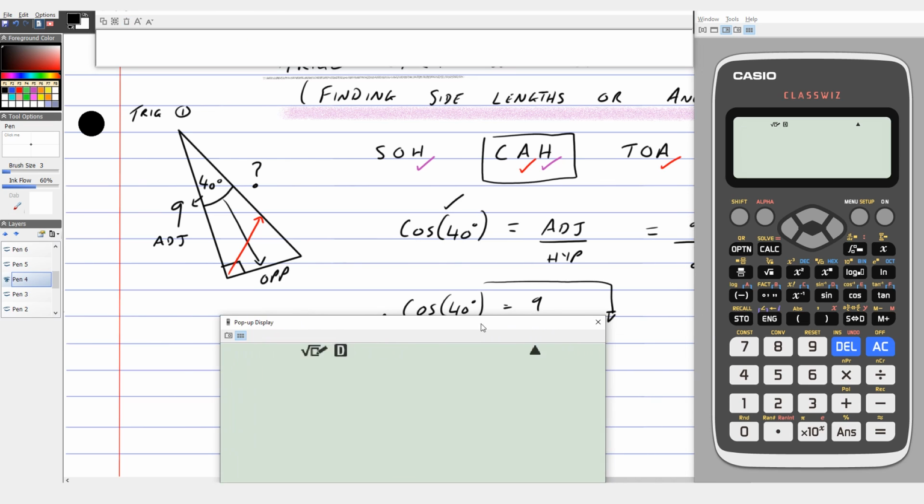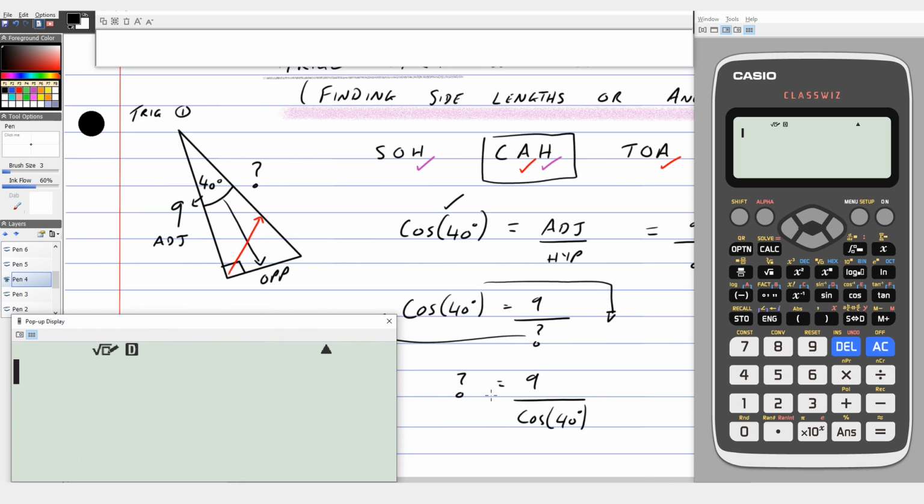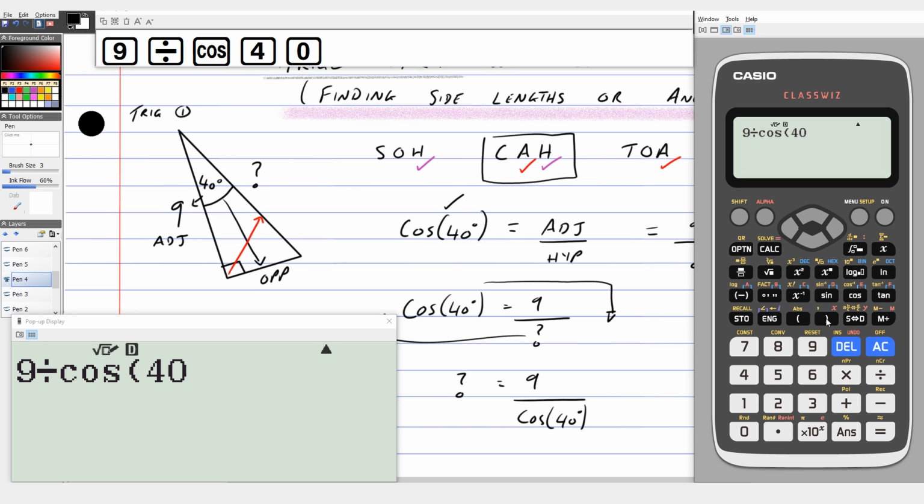But we need to work out 9 divided by the cosine of 40. So do 9 divided by cos 40, close the bracket, press equals. 11.748. So round into 2 decimal places, the 7 and the 4, but the 8 will bring the 4 up.